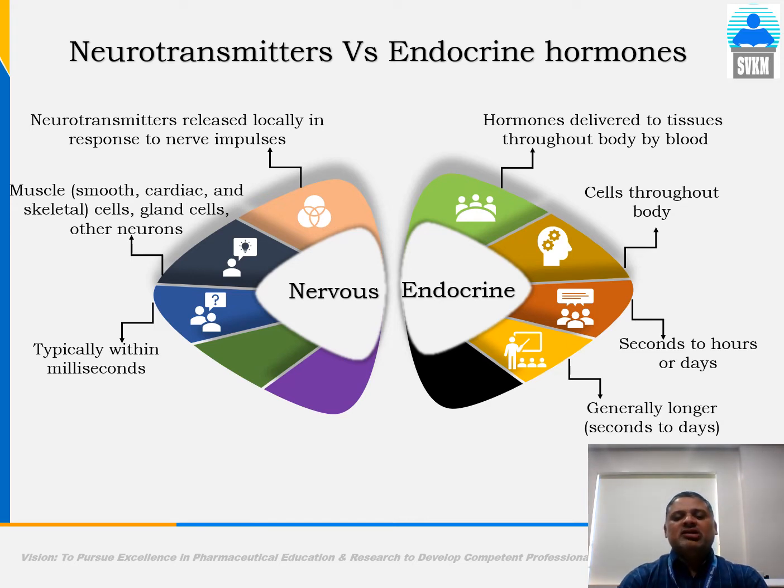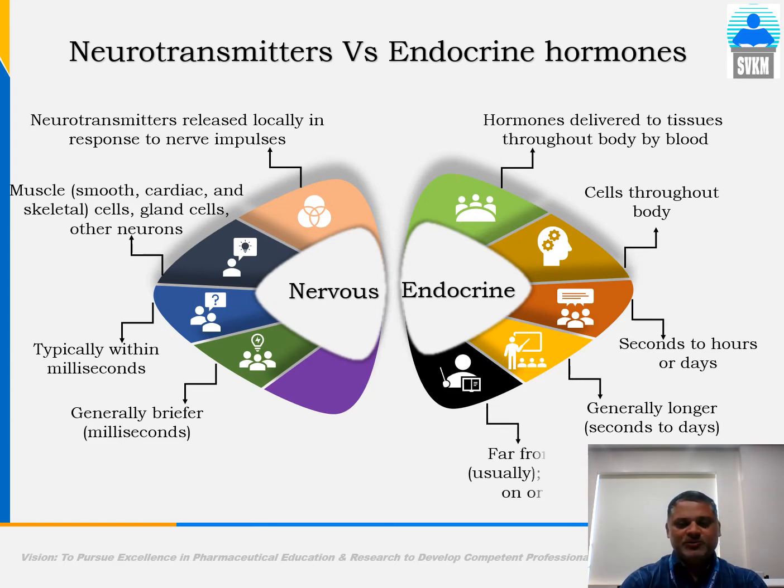And generally the duration of action of the endocrine hormone is longer, from seconds to days. In the case of the neurotransmitter, the duration of action is generally briefer, a few milliseconds.